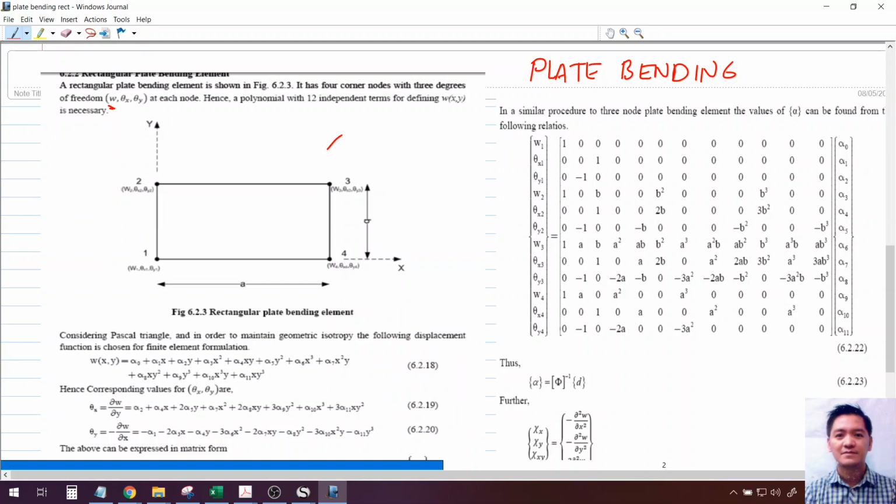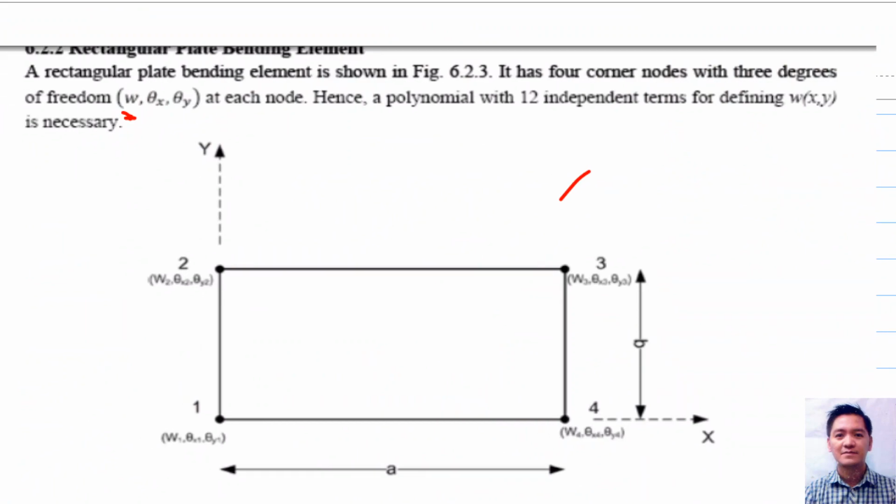along from the Euler-Bernoulli beam concept, it deforms, which is in terms of V. The rotation is dV dx. So it's the same here. If our displacement is W, then the rotation, theta x and theta y, is dw dx and dw dy.